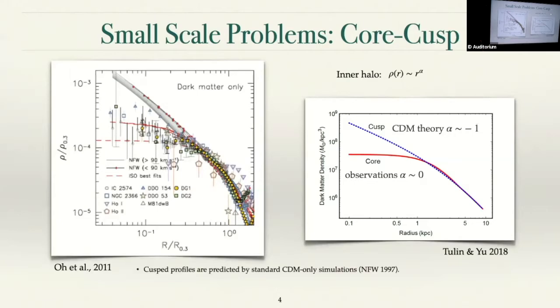These cusp profiles are predicted by the standard CDM-only simulations, so not including baryons. However, core dark matter profiles are what we seem to observe in nature in these dwarf galaxies.